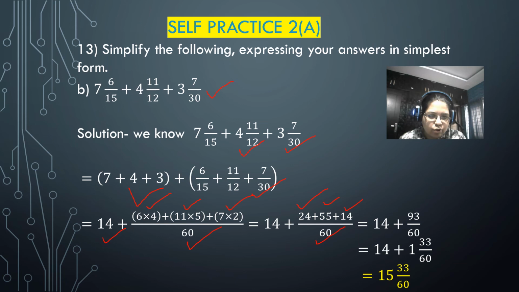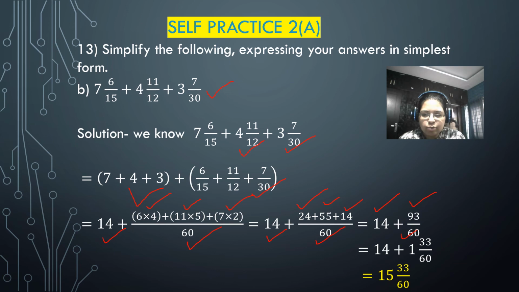So we get 14 plus, 14 is the whole number, 14 plus 24 plus 55 plus 14 divided by 60. And 24 plus 55 plus 14 is 93. 93 divided by 60. So we get 14 plus 93 divided by 60.